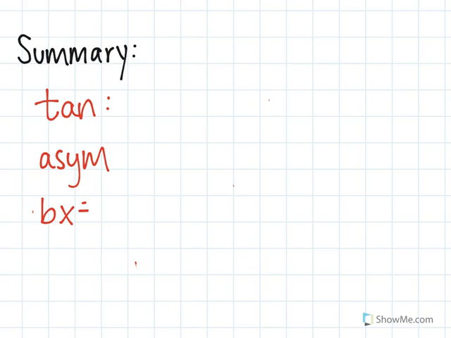Remember that our graphs for tangent and cotangent behave a little bit differently than sine and cosine. So if you're trying to graph tangent, you're going to have asymptotes at bx equals pi over 2 and bx equals negative pi over 2.